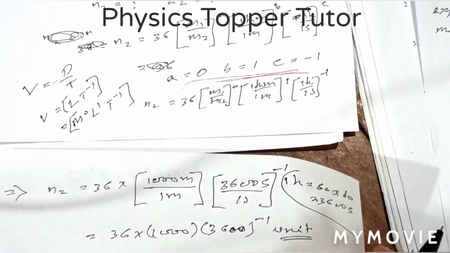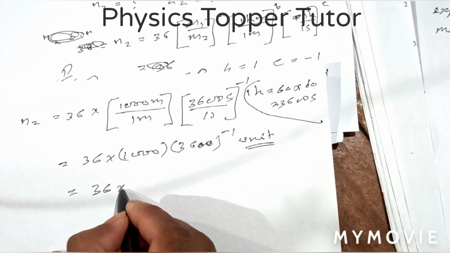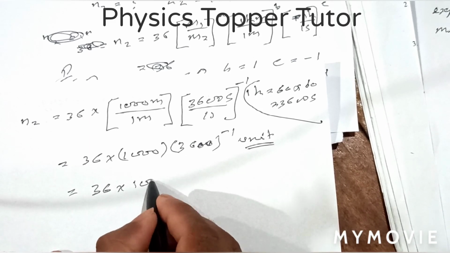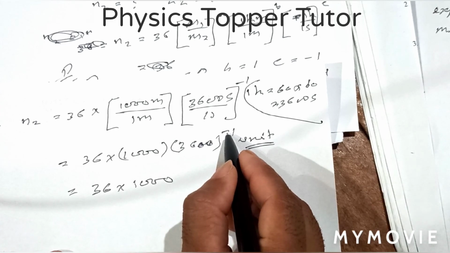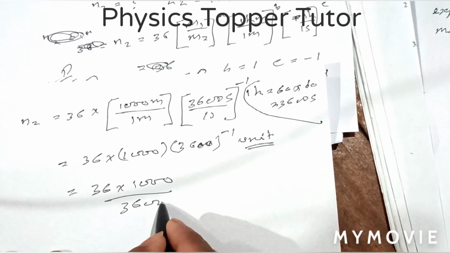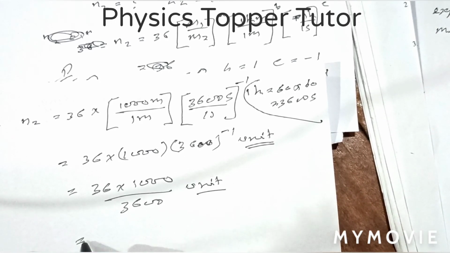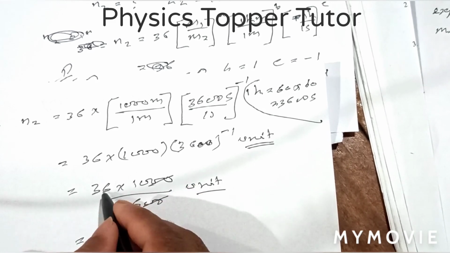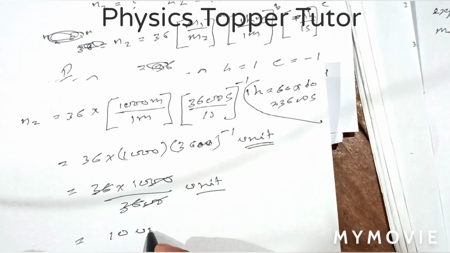Okay, 36 into 1000 is to the power, you can see that is to the power -1. So we shall put it down, and this unit. Let's write unit, and now cancel this 2, this is 1. That means now it comes out to be 10 unit.